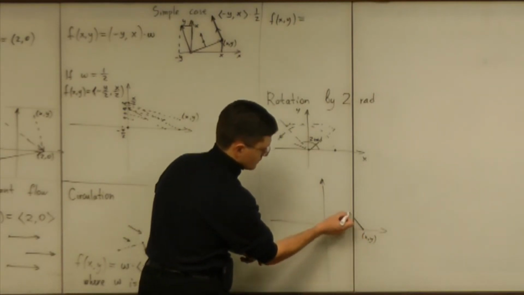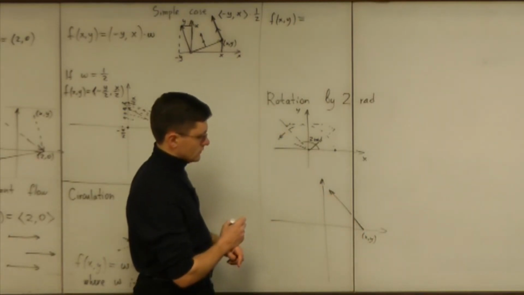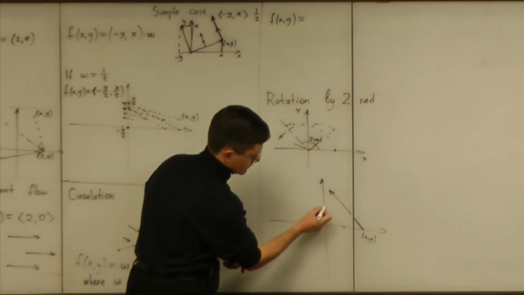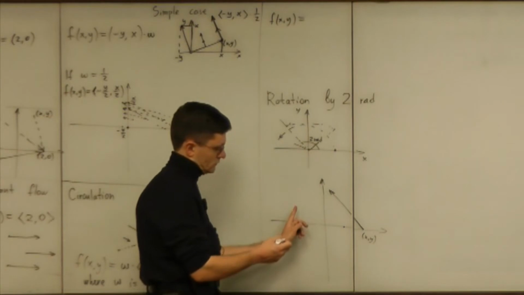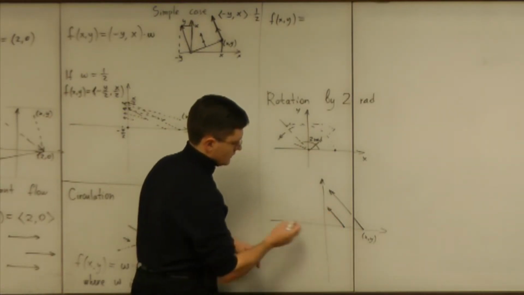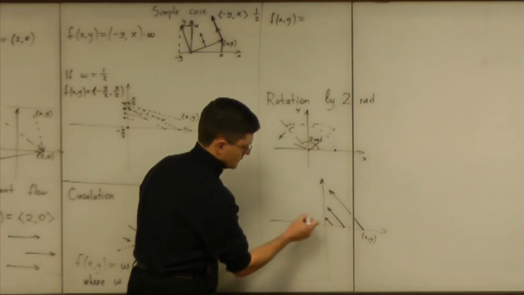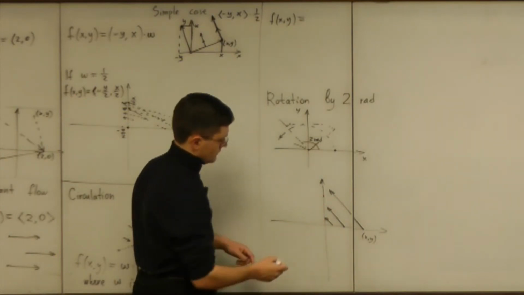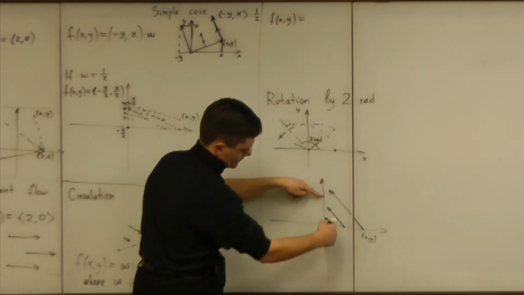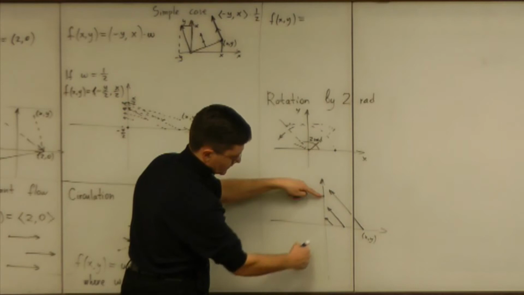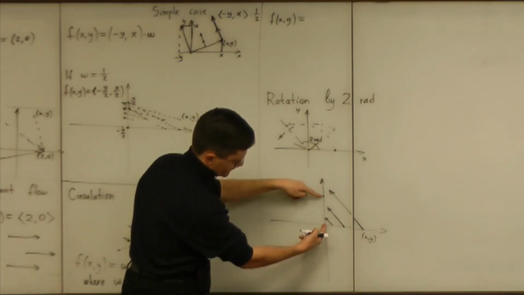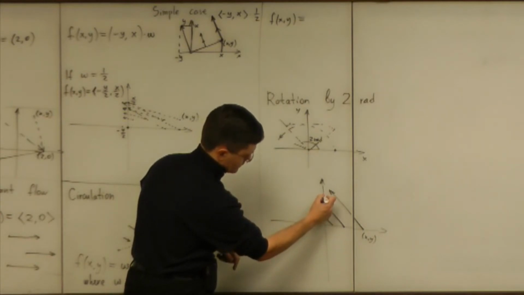So this is the vector. So the closer we go, the angle is still the same, so the direction of the vector is the same, and it goes there. And the vector assigned to this point is going to be the vector pointing that way, right? 2 radians. And the magnitude of that vector is equal to that. So it's going to be like that.